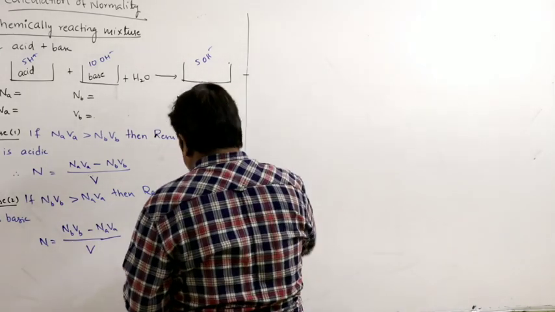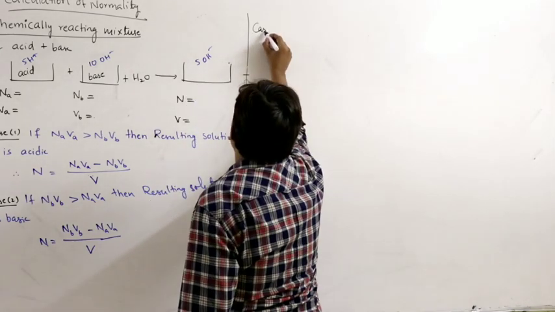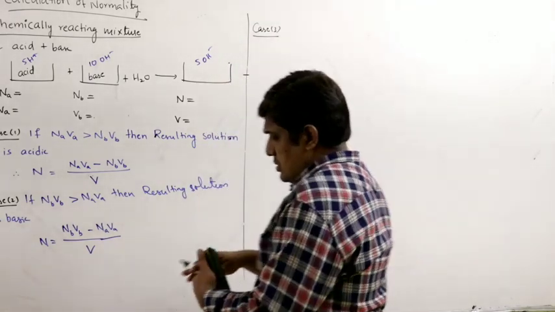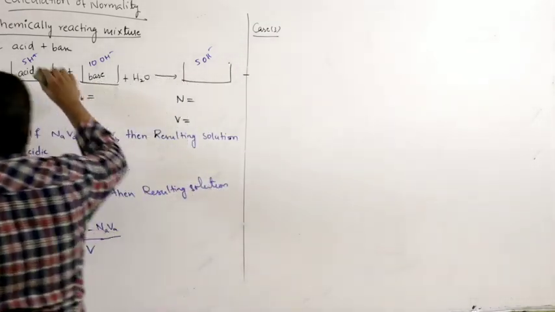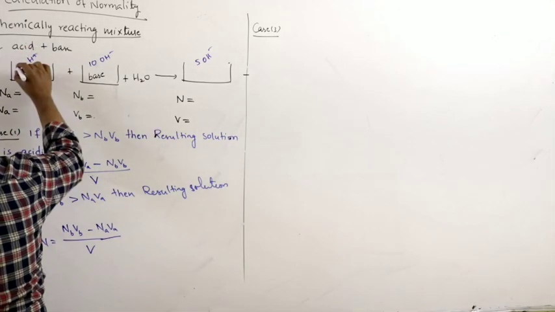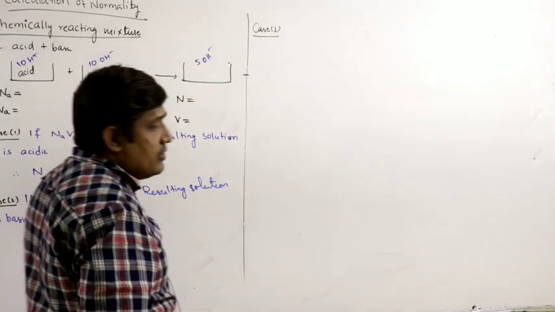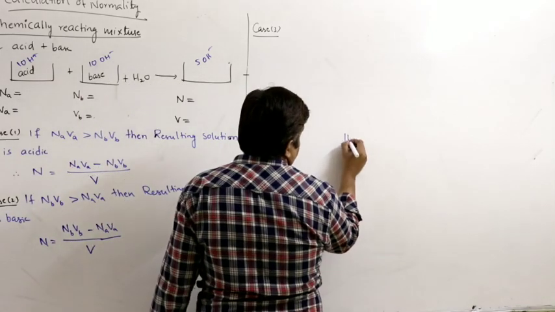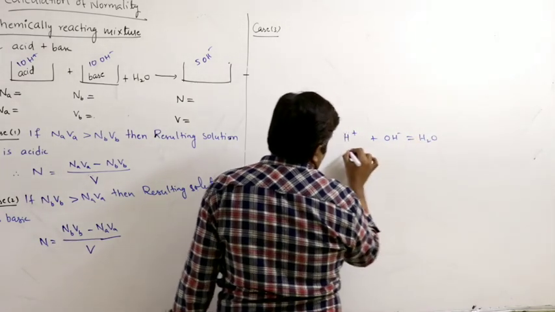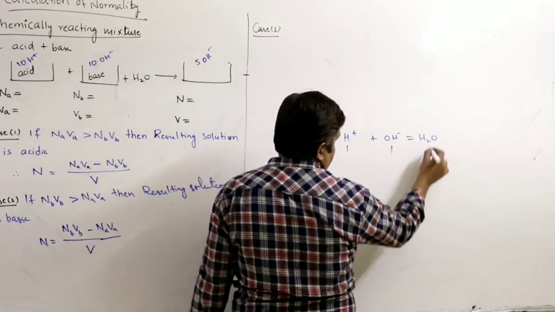Case 3. Suppose there are 10 H plus ions and 10 OH minus ions. Then what happens? H plus plus OH minus gives water. For 1 H plus you require 1 OH minus.